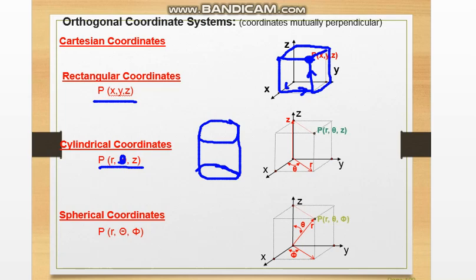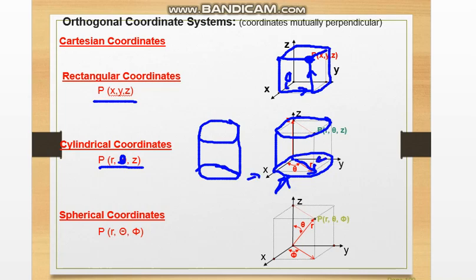How can that be determined? If it is a cylinder, just draw a cylinder around it to understand the problem. From the origin point O, r is the radius, and the angle theta is the angle between x and r.